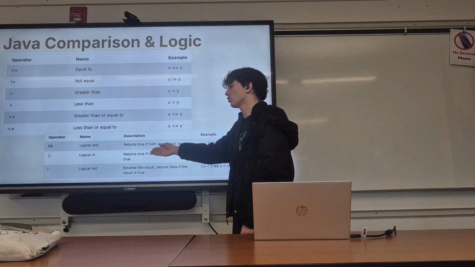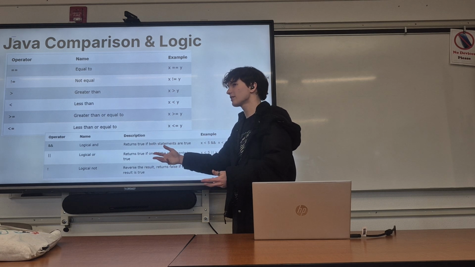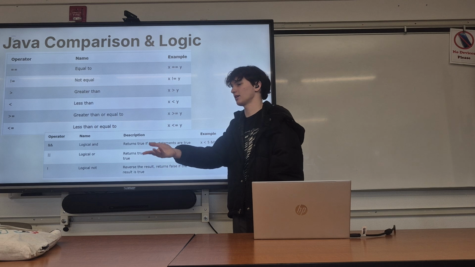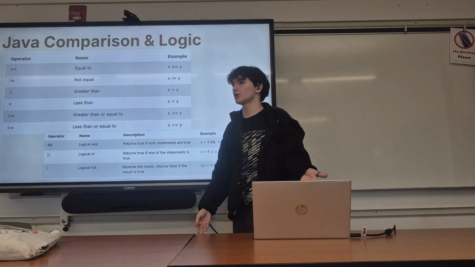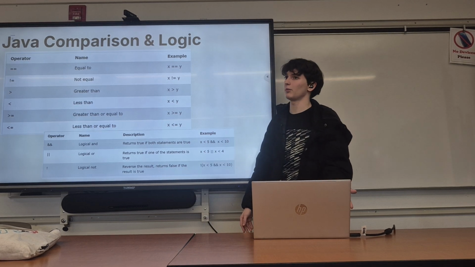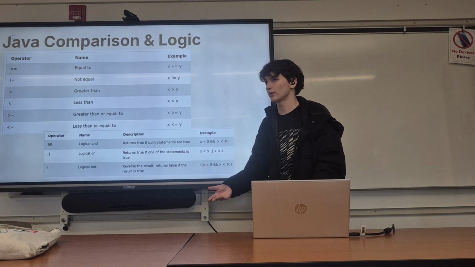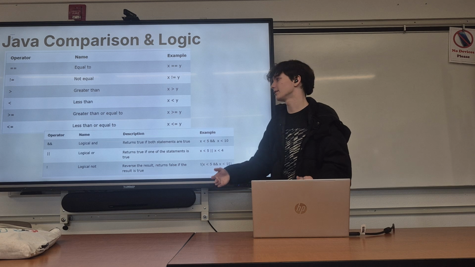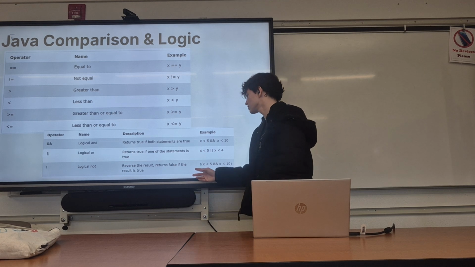But a logical or is kind of like the opposite of that. It's an or. So if my laptop bag is on the table, or if the HDMI cord is on the table, then something would be true. It doesn't matter. It could be both of them on it. It could be one of them on it. That's the difference.